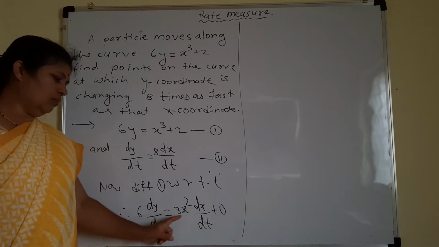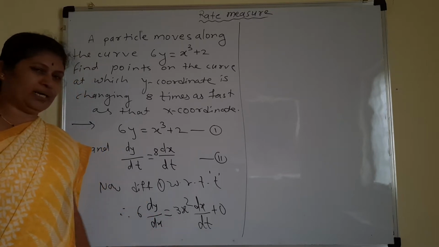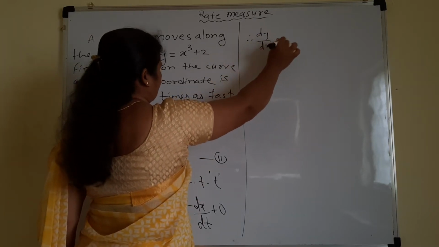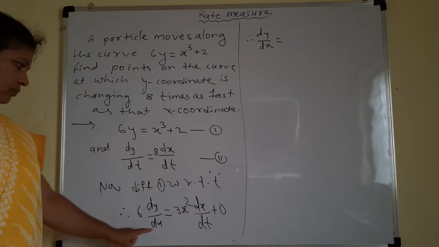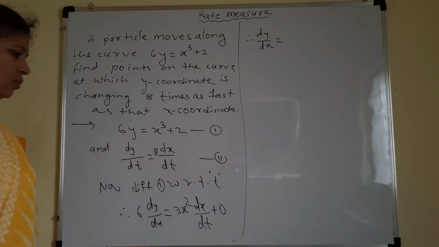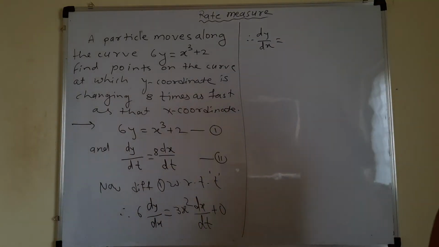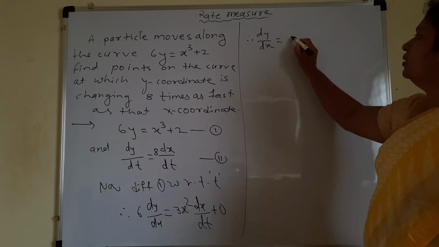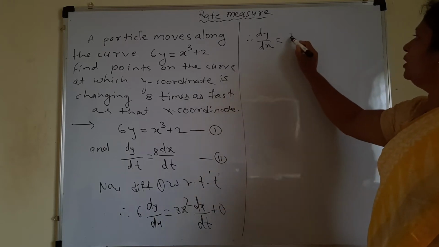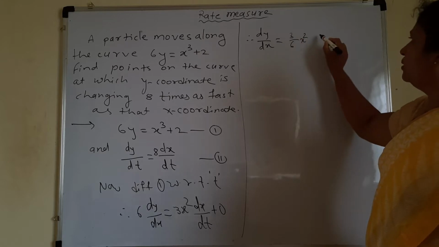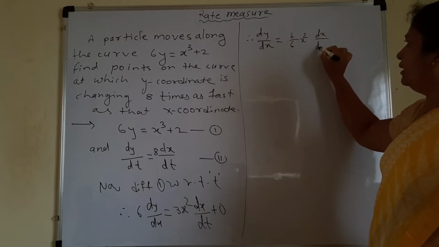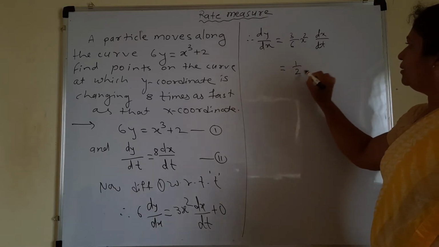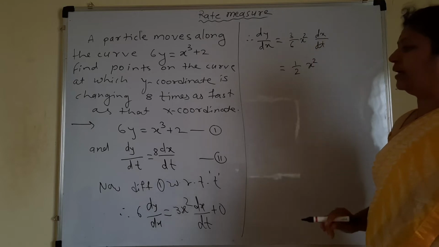Reduce this by 3, or take this 6 to the right hand side. Therefore dy by dt is equal to 3 upon 6 x square into dx by dt, which is equal to 1 by 2 times x square into dx by dt.